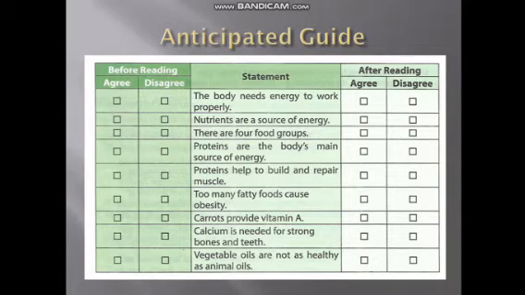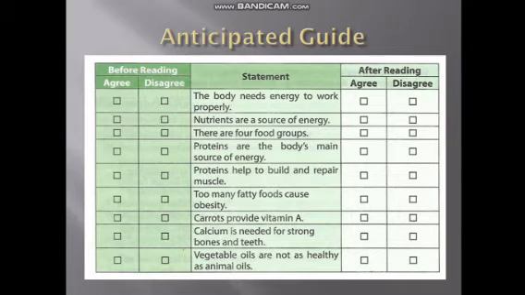All right, so let us read the statement and see if we agree or disagree first before we actually go to the readings that support the statement or disagree with the statement.